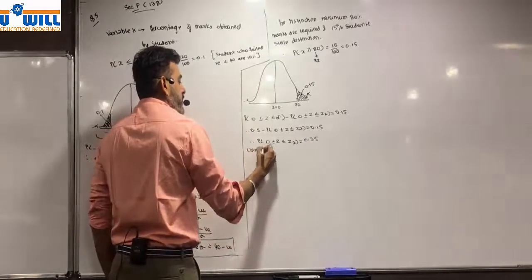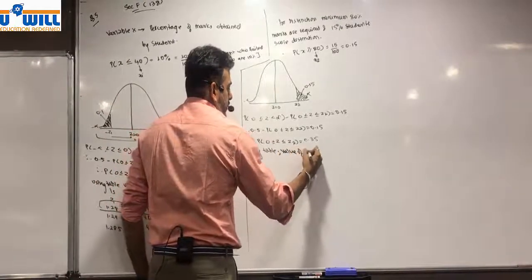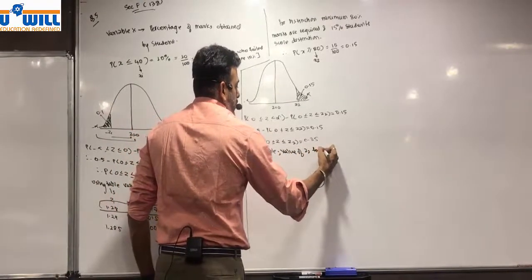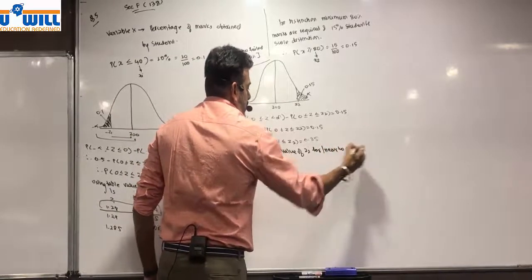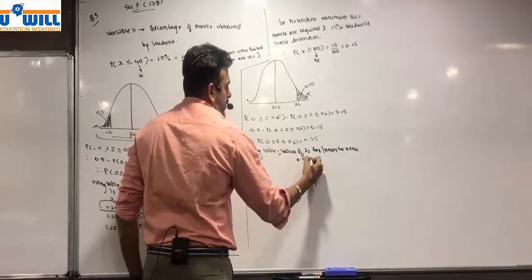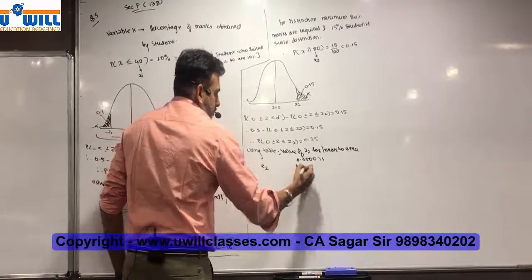Using table, value of Z2 for or near to area 0.35.